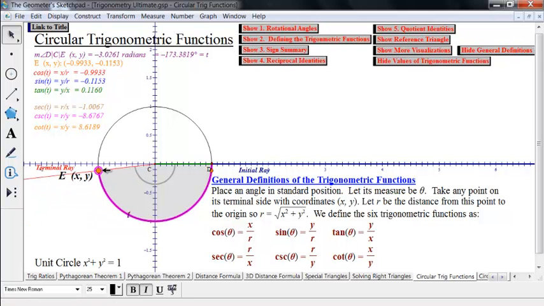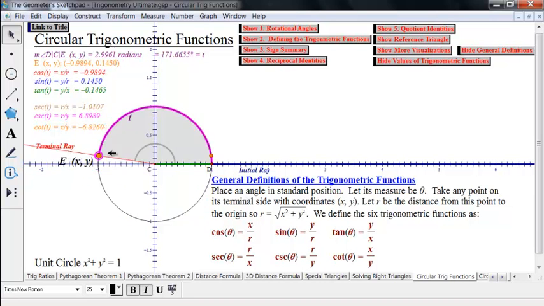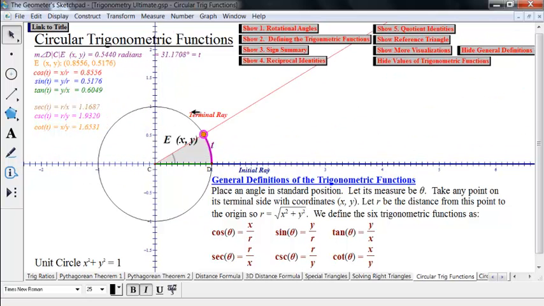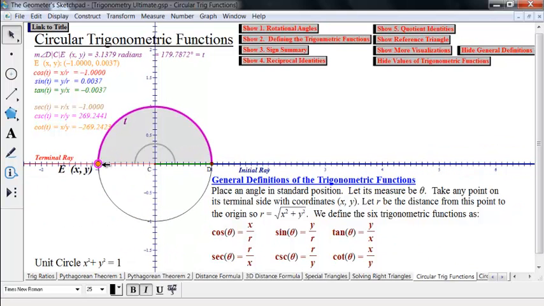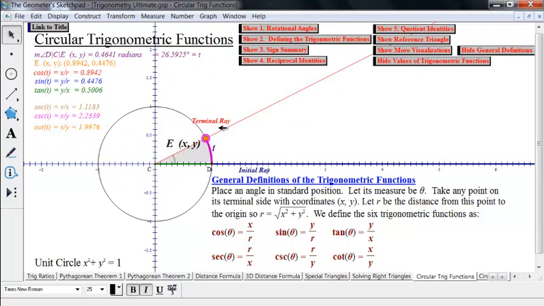If the y is 0, for example an angle of pi, or an angle of 0, or if you rotate around, 2 pi, or minus pi if we rotate that way, as long as that terminal side ends up on the x-axis, either pointing to the right or to the left, then we get a y of 0, and so sine is 0, and cosecant is undefined.